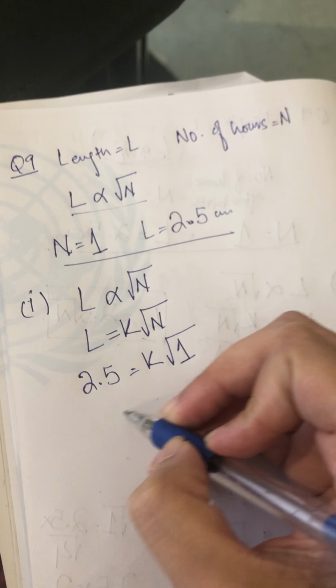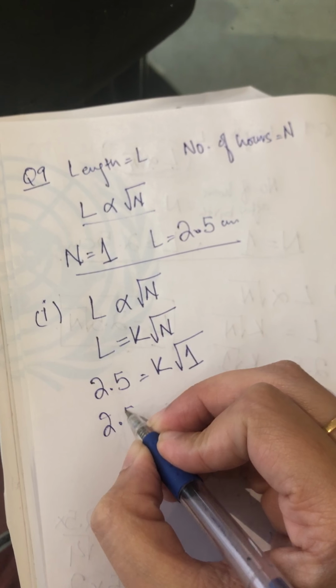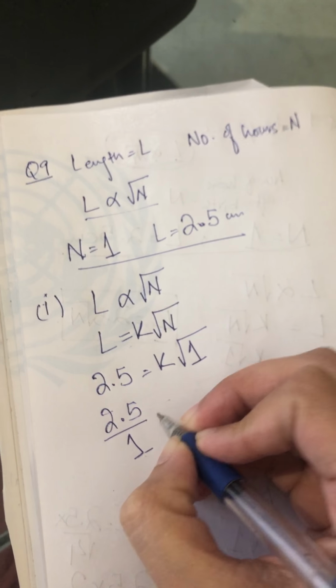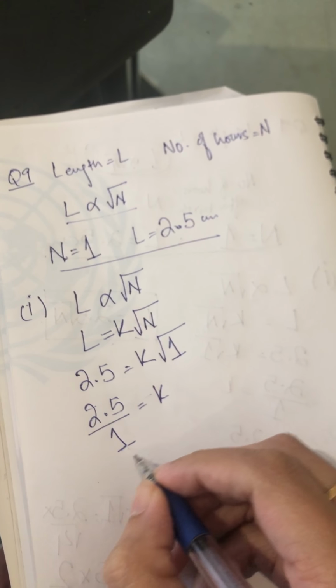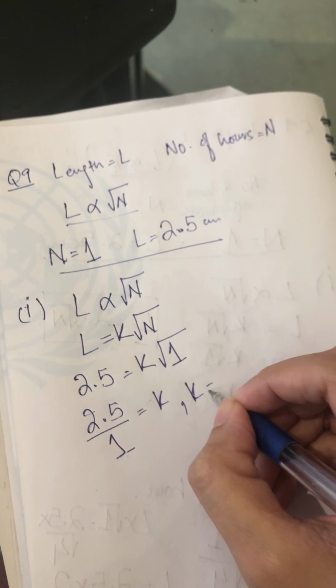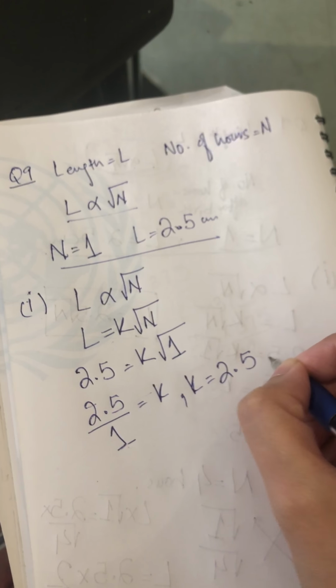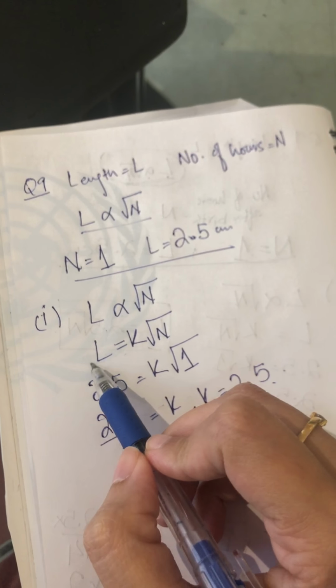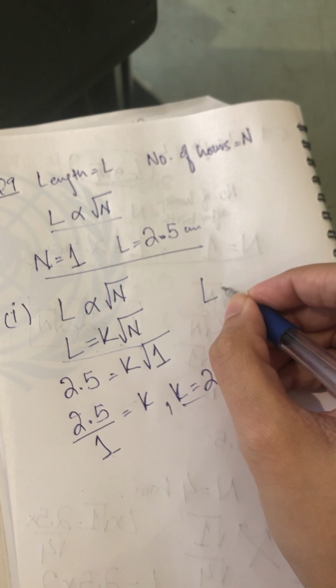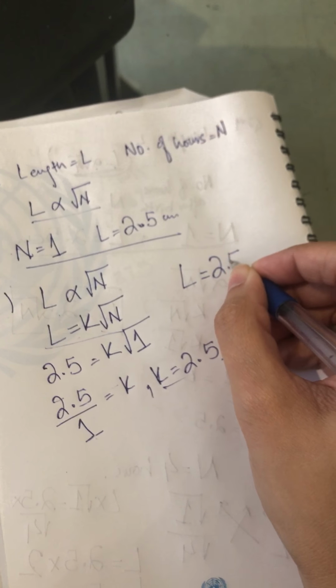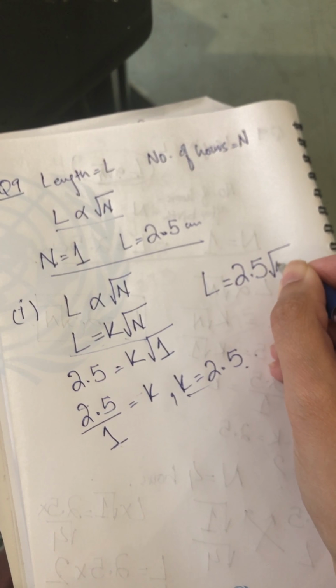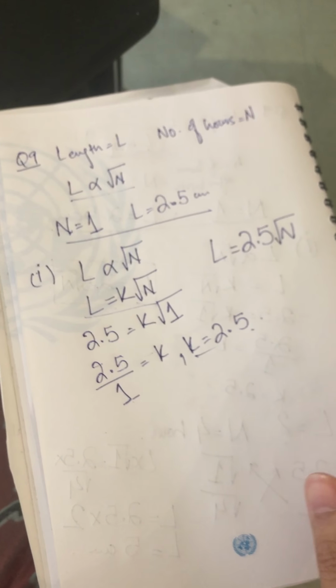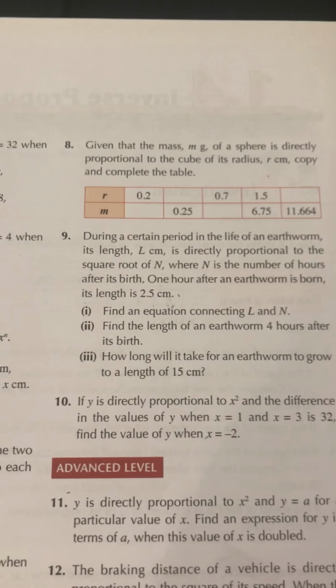When we bring 1 to the other side, it becomes 2.5 divided by 1 is equal to k, or k is equal to 2.5. So substitute the value of k over here, and the equation that we're looking for is L is equal to 2.5 under the root n. So this is the first part.